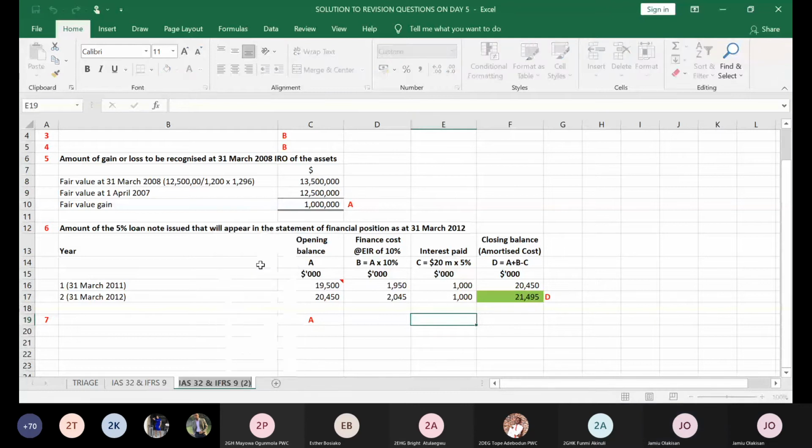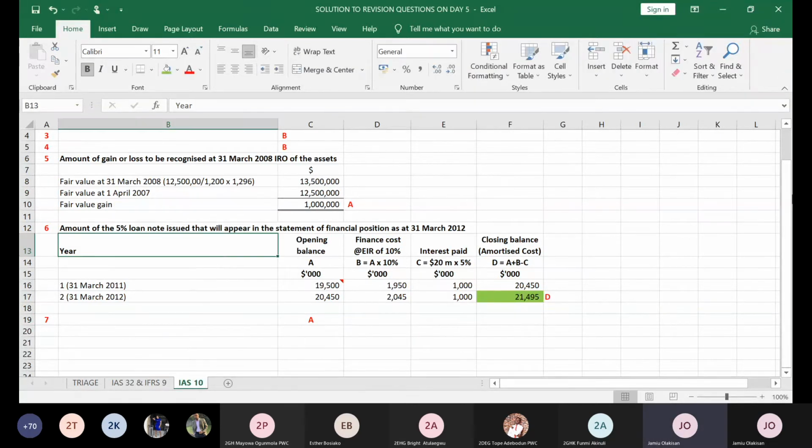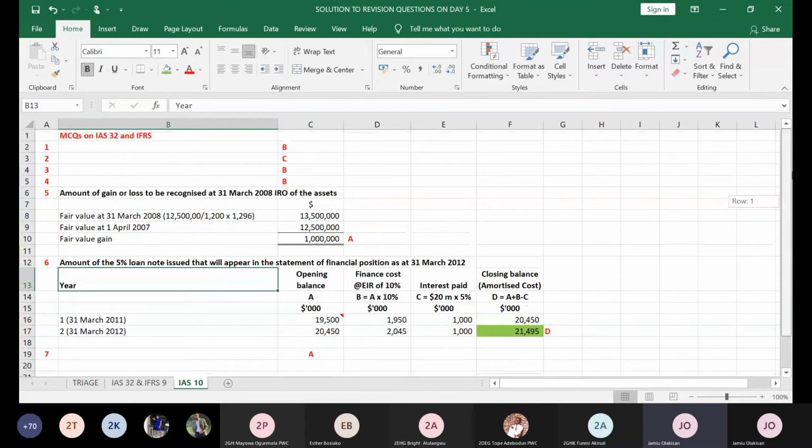Rename IS10. Okay, sorry. Remember what we selected, MCQ on IS10.